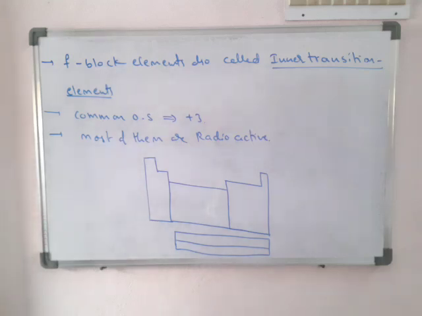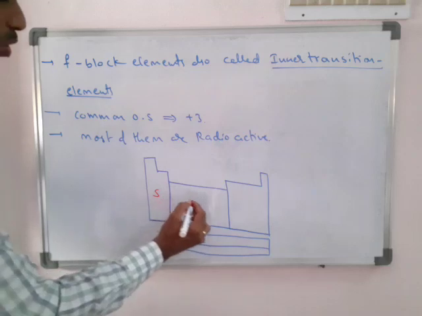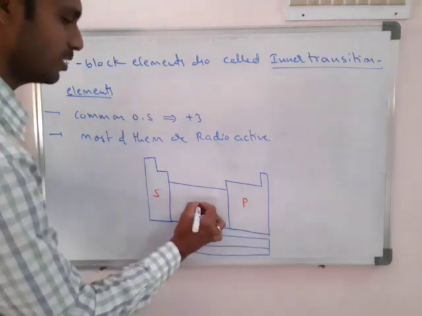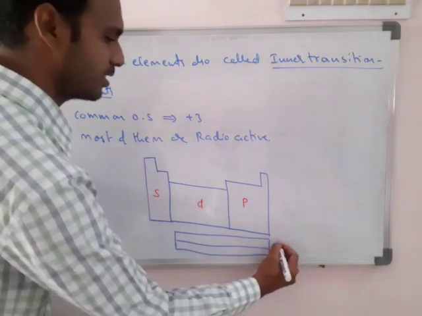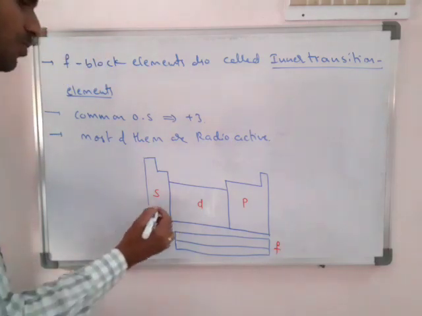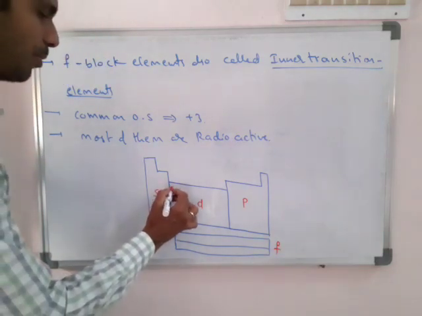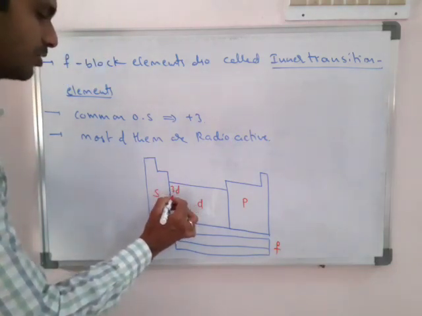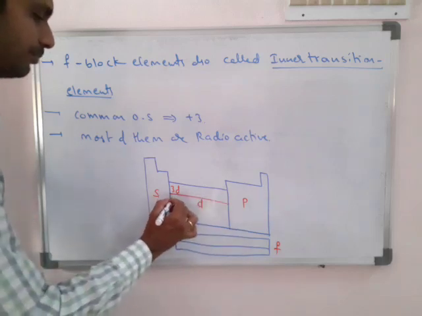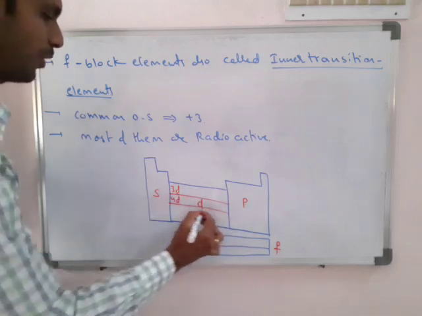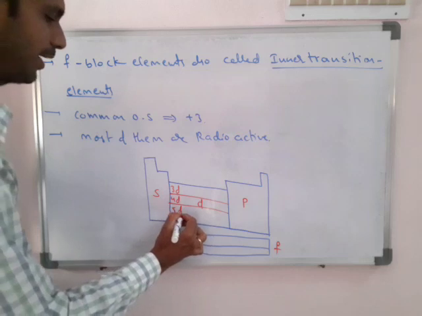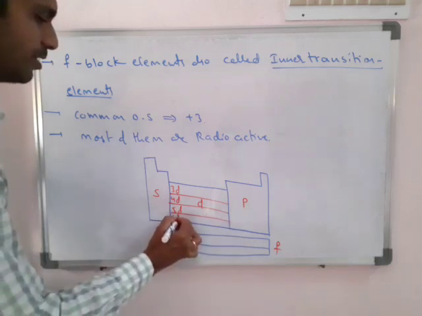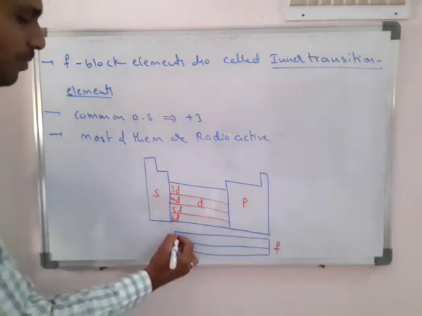Write the positions: this S block on the left side, this is P block, this is D block, this is F block. In the D block, how many series are there? 3D, 4D, 5D, 6D are present.